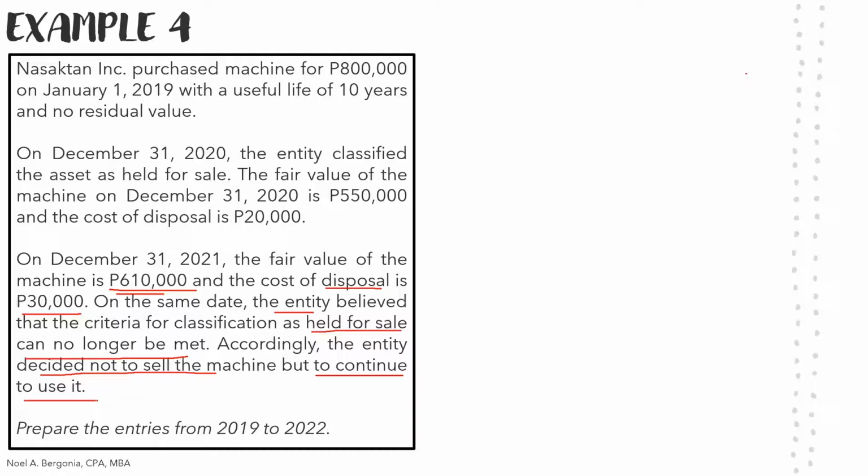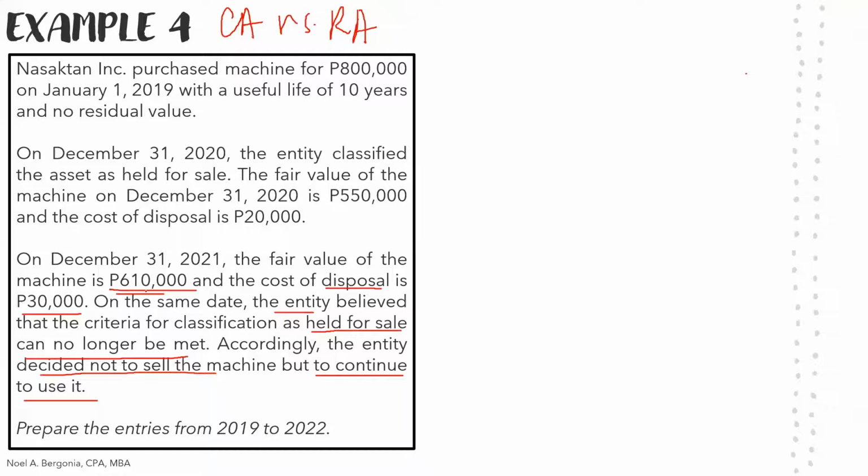So paano bang gagawin natin? So first, before tayo magkaroon ng transfer to its original classification na ang sabi natin kanina, 'di ba? The valuation should be the lower between our carrying amount as if walang nangyari, and then the recoverable amount at the date of reclassification.